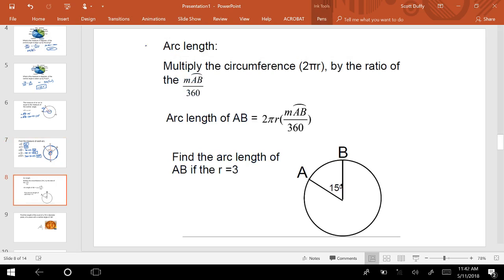If I want to find the arc length, I multiply the circumference by the ratio of the measure of the arc over 360. So what I'm actually saying is the arc length is a portion of the circumference. So the portion would be, in this case, 15 degrees out of a total 360.